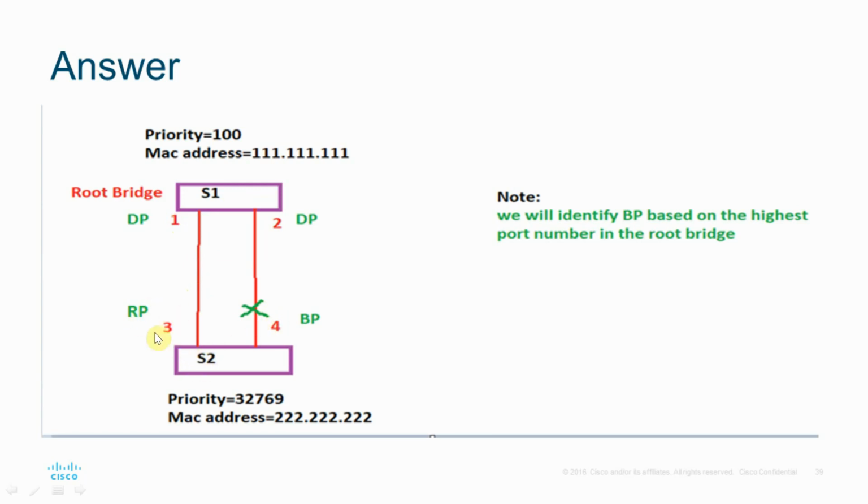Which port number is less? 3. So this will become the root port. Another one will become the blocked port. Understand? Here is a special case where we identify the blocked port based on the highest port number. This is a non-root bridge actually. So this is the highest one, so don't take this. Take this as the root port.